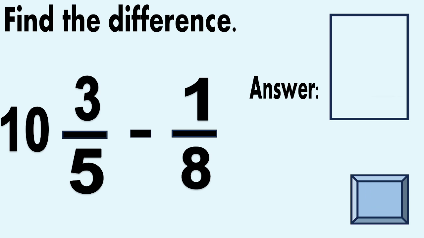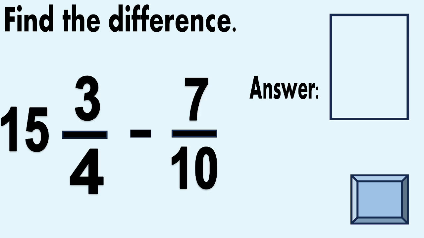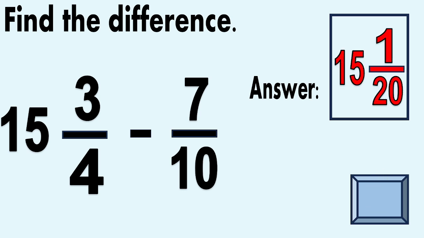Time's up. The answer is 10 and 19/40. Fifteen and 3/4 minus 7/10. Time's up. The answer is 15 and 1/20.